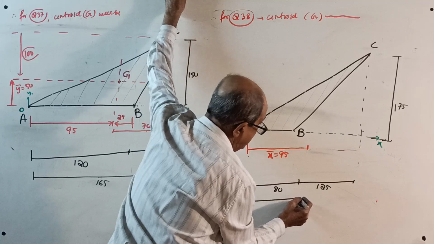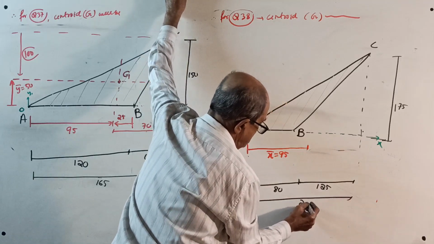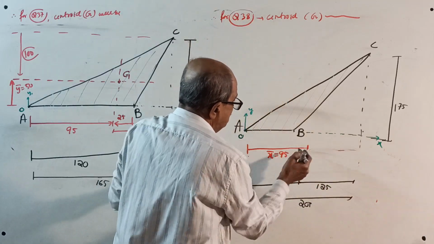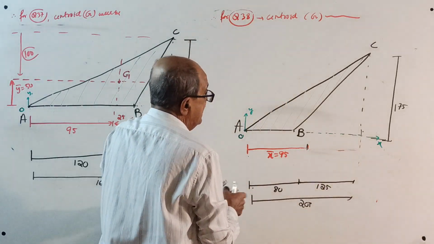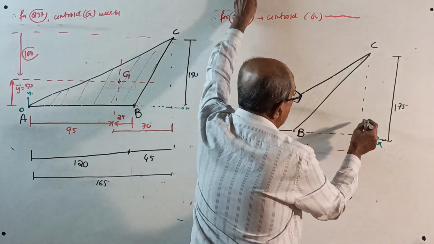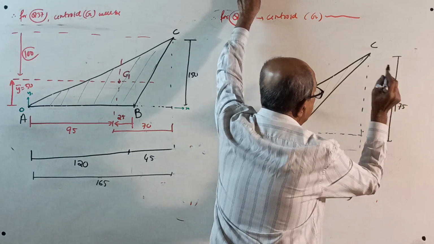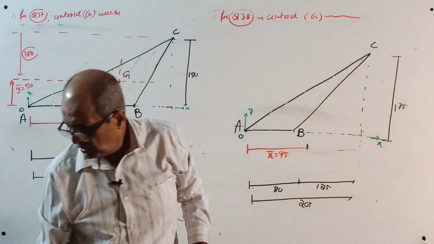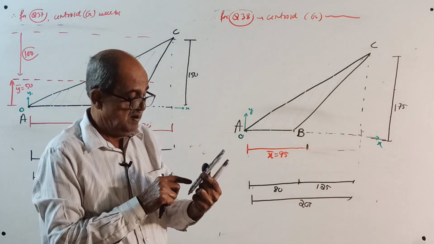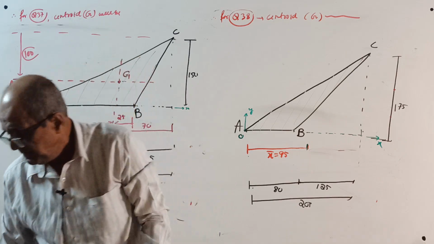Full we calculated 205. So, suppose this is 90. Now, suppose somebody wants, and height wise, how much? 1/3 of 175. Sorry, I am not supposed to tell it. 175 divided by 3 is 58.333.